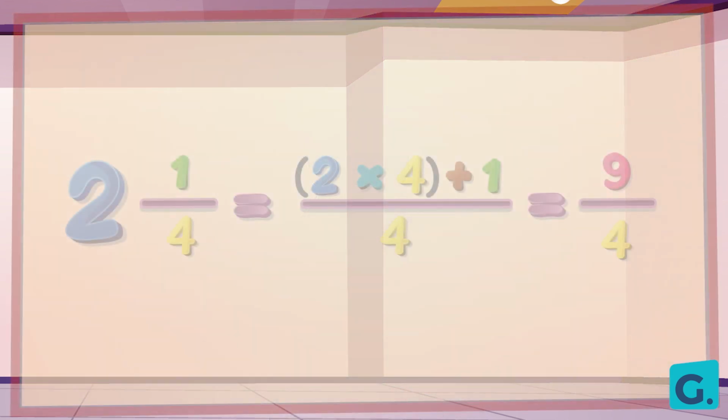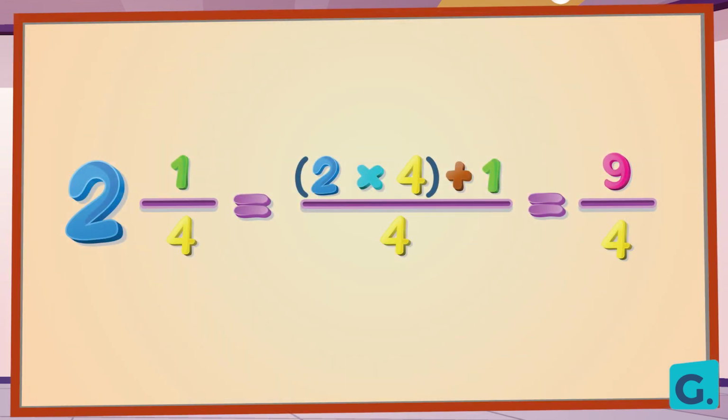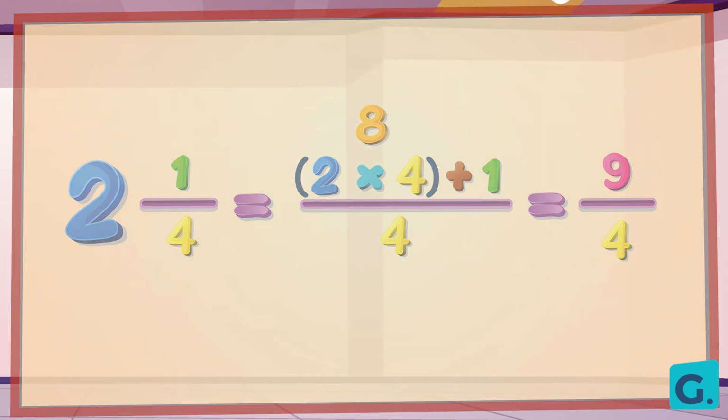The first thing we are going to do is change the mixed numbers into an improper fraction. So 2 whole number 1 over 4 is going to be changed to an improper fraction, and we're going to do it this way. 2 times 4 plus 1 divided by 4. That will be equal to 8 plus 1 divided by 4, and that will be equal to 9 over 4.